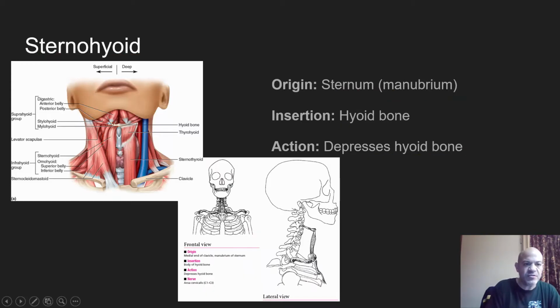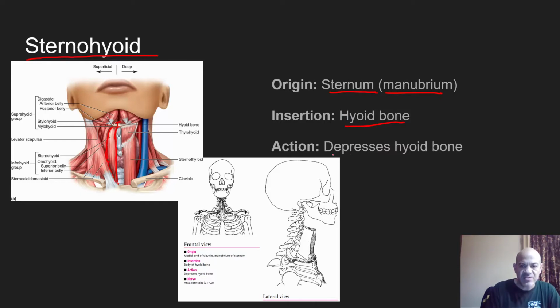The next muscle is the sternohyoid, and this one gets its name based on the two bones it's connected to. The hyoid is the insertion, and the origin is going to be here. The muscle goes behind the sternocleidomastoid, but it attaches onto the sternum and the sternum only. So the origin would be the sternum, specifically the manubrium, and the insertion would be the hyoid bone.